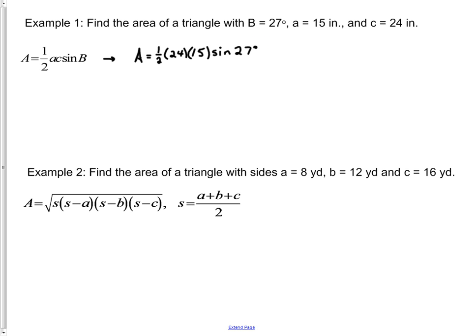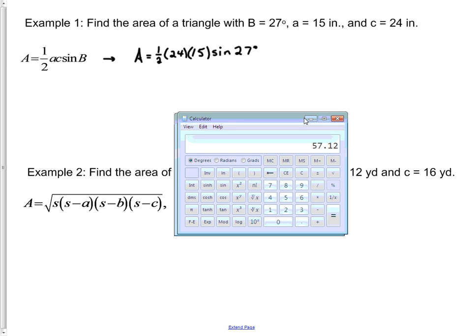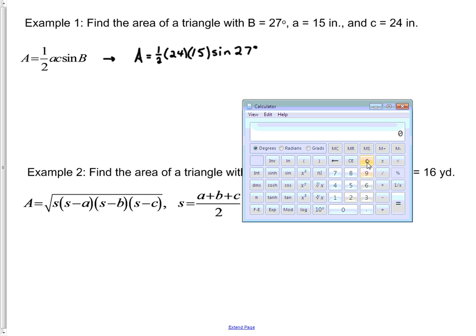So working ahead with our numbers right here, I'm going to get out my calculator so that I can do this along with you. You might want to check it yourself to see if I'm doing everything right. We're going to take 1/2 times 24 times 15 times the sine of 27, and there it is.